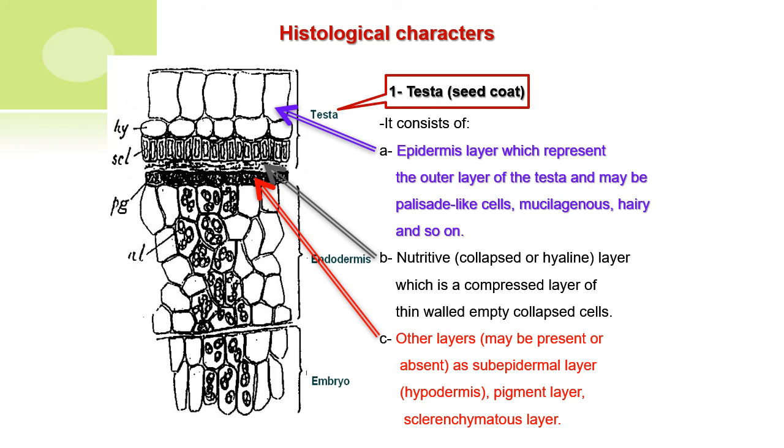Then the nutritive or hyaline layer, formed of collapsed cells after exhaustion of the reserve food material contained before. The last layer is the pigment layer, followed by the endosperm, containing aleurone grains and fixed oil, and followed by the elongated or columnar cells of the embryo, containing also aleurone grains and fixed oil globules.